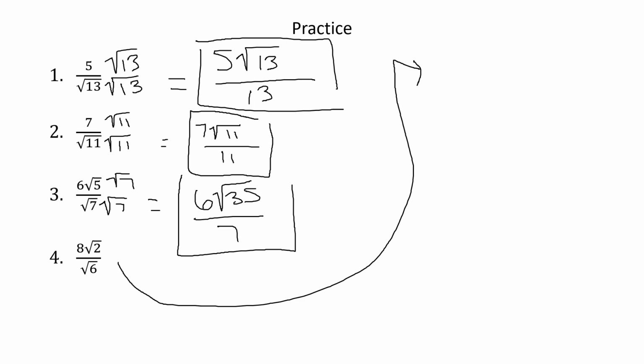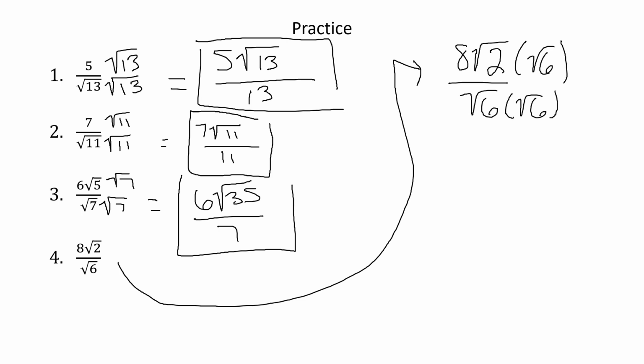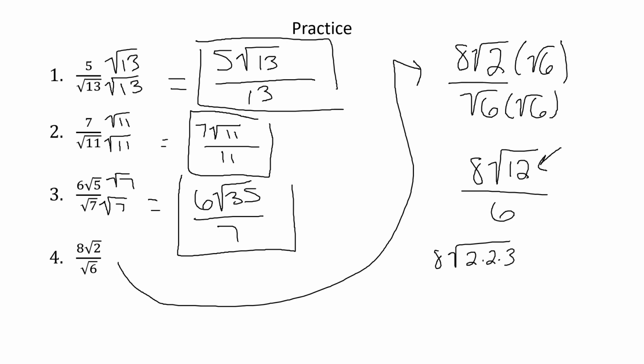Let's work number 4 over here. We have 8. I'm going to rewrite it over here so I can work with it. Multiply by the radical. 2 times 6 is 12. So what I have is 8 square root of 12 over 6. 12 can simplify. 2 times 2 times 3 over 6.